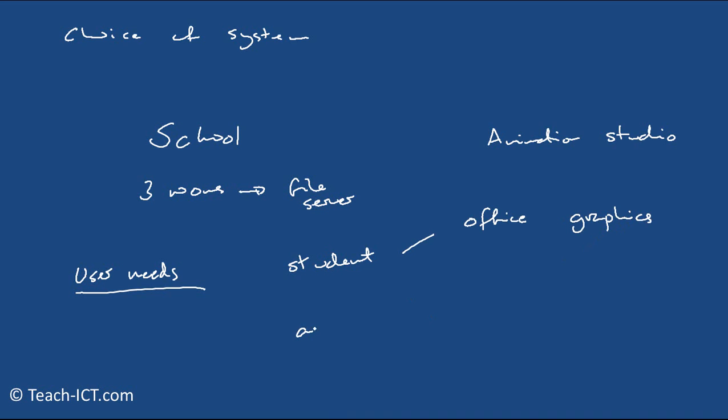Whereas the animator is predominantly going to be using high-powered graphics programs. So, the user needs are different in these 2 situations, 1 and 2. So the type of computer that is required is going to be very different.